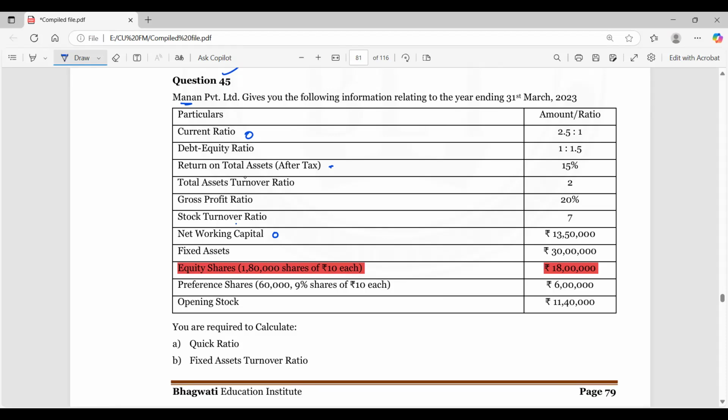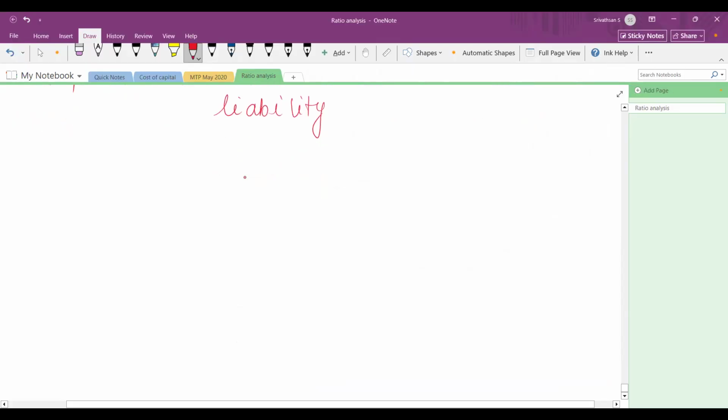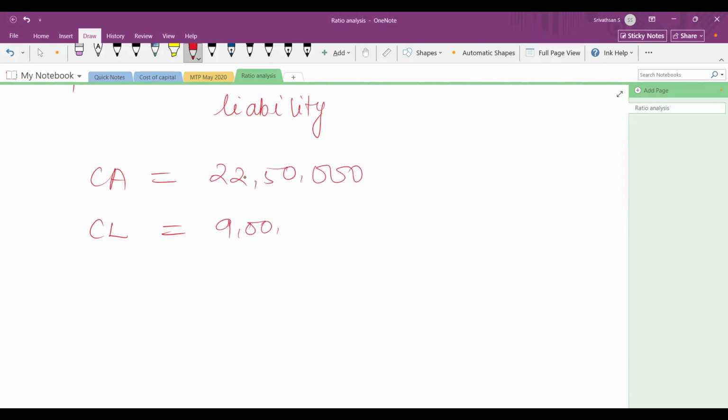Current liability and current asset, how much? Did everyone get these numbers? 22 lakh 50 and 9 lakh.